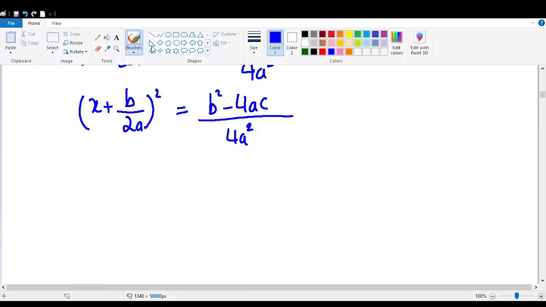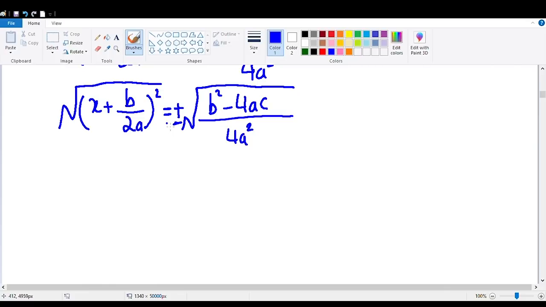Let me just write this a little bit over here. So when we take the square root on the right hand side, we'll need to write a plus and a minus, because of the sign.